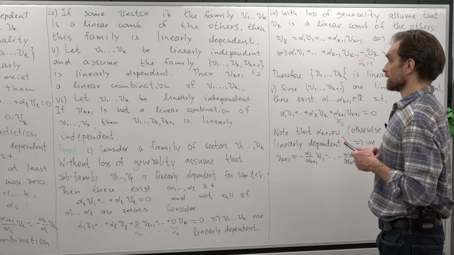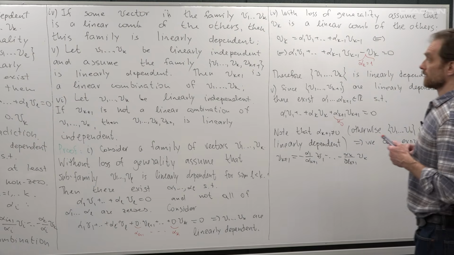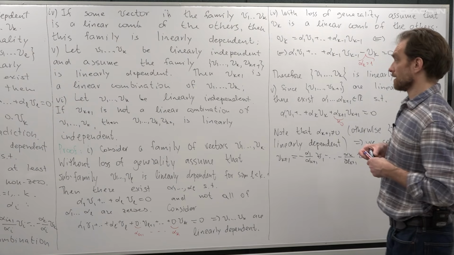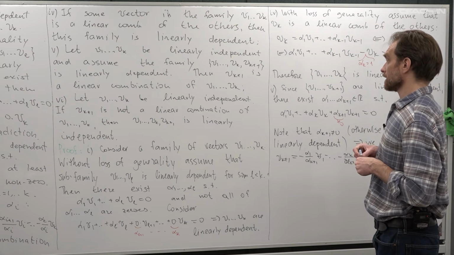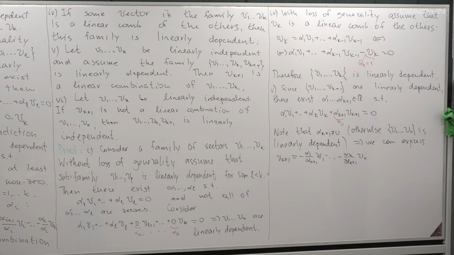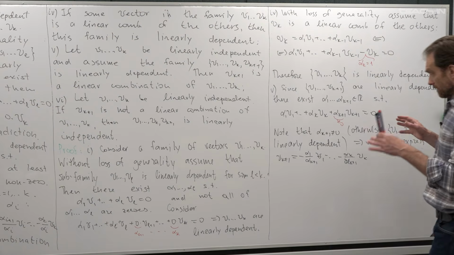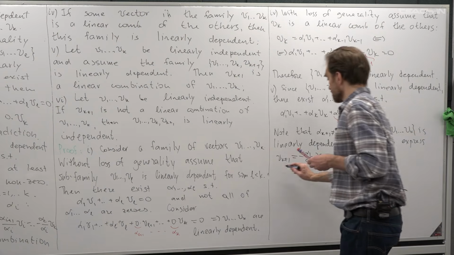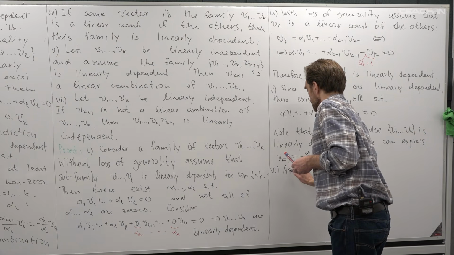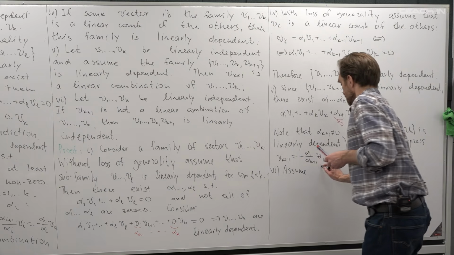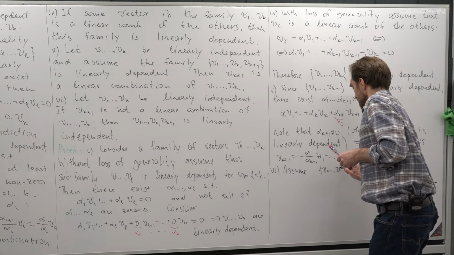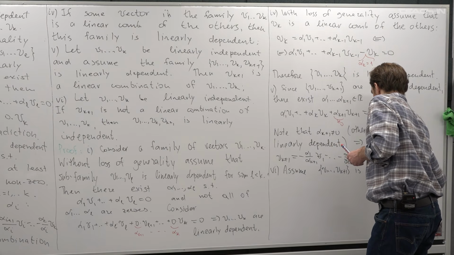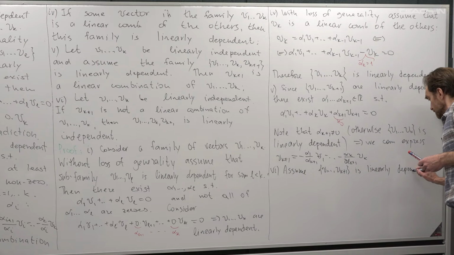So here we assume that vectors v1, etc., vk are linearly independent, and we add a vector that is not a linear combination of the first k vectors, then we need to prove that the new family is linearly independent. Okay, so assume the family v1, etc., vk plus 1 is linearly dependent.